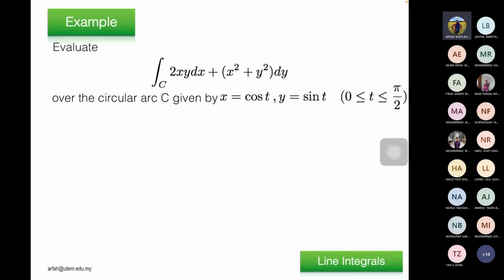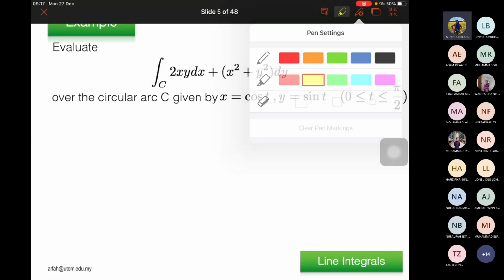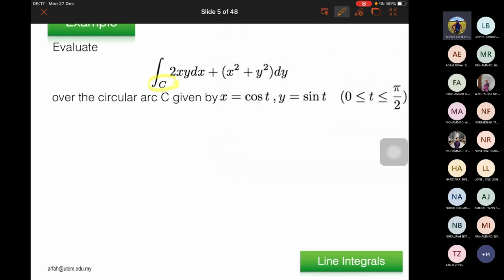When you look at this example, the integration is over the curve C. And you have 2xy dx and x squared dy.